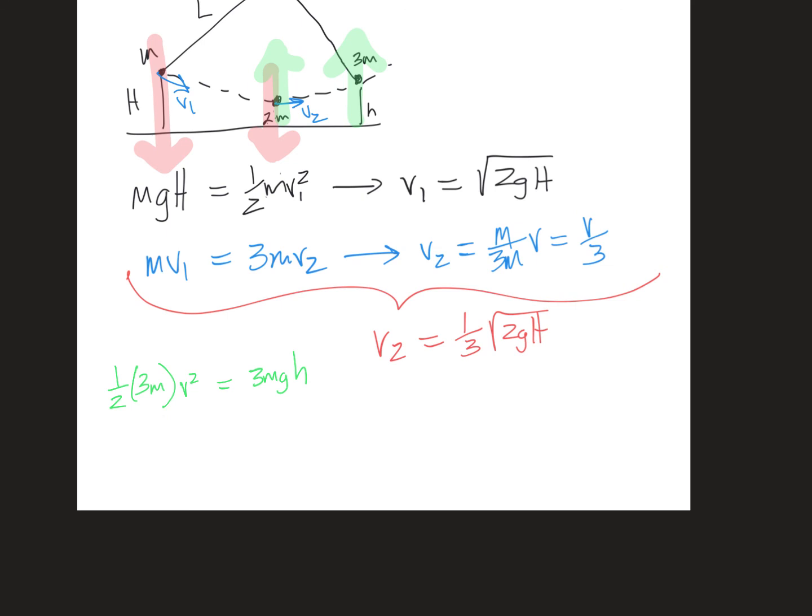All right, and of course 3m drops out, and we want h. We got to put the speed in there first. So 1/2 of (1/3 root 2gh) squared equals gh.